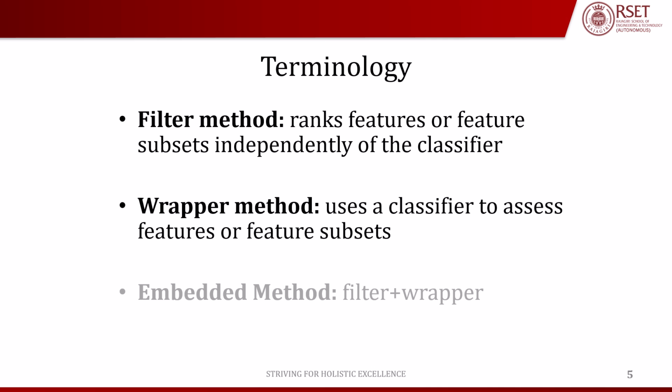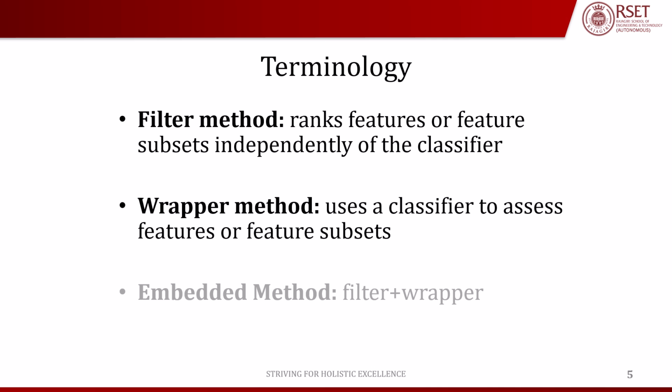We can generically say that there are three different methods for feature selection. The first one is the filter method, where we rank features or feature subsets independent of the classifier model or the machine learning model that we are going to use.